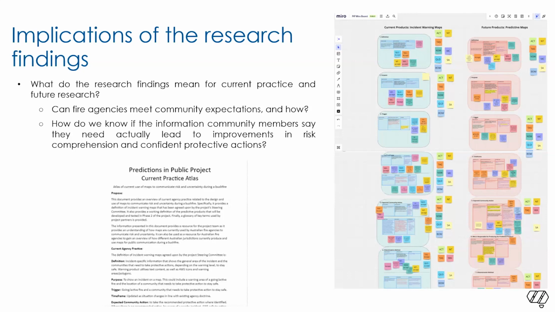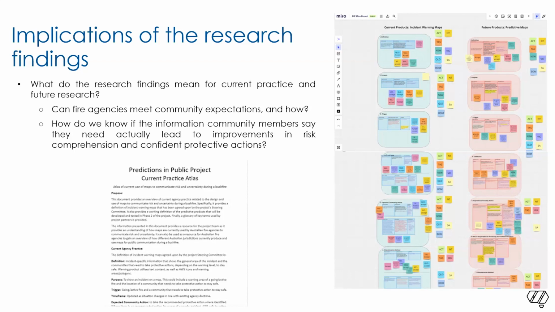So you can see on the screen a screenshot of our Miro board that we worked with the steering committee on in a series of workshops to try to untangle some of the findings and figure out what the implications are and how we want to move forward. So this was an opportunity for jurisdictions to have a say, to provide input and to endorse the next steps of the research.